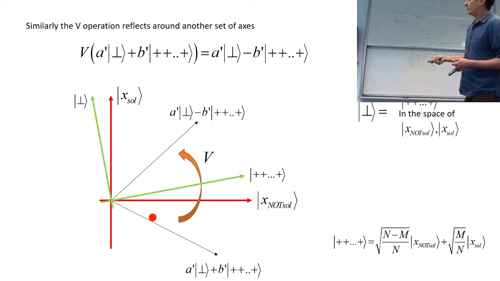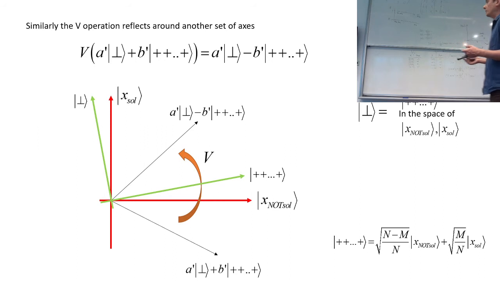Maybe I should have said minus B dash here and plus B dash to be a little bit clearer. But basically what this does is to reflect the state around this plus state instead of the not sol state.